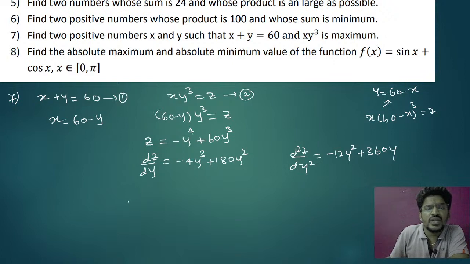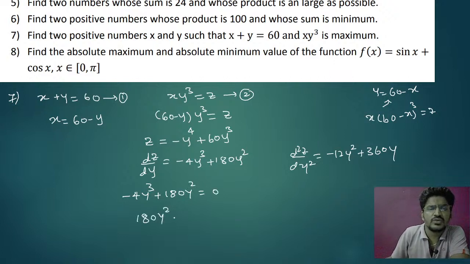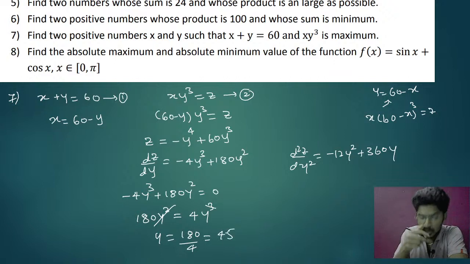So now equate this term to 0. Minus 4 y cube plus 180 y square will be equal to 0. 180 y square equal to 4 y cube. Cancel y square and y cube. So you can simplify. y is equal to 180 by 4. So if I simplify this, it will be 45. Okay. So now you got y equal to 45.